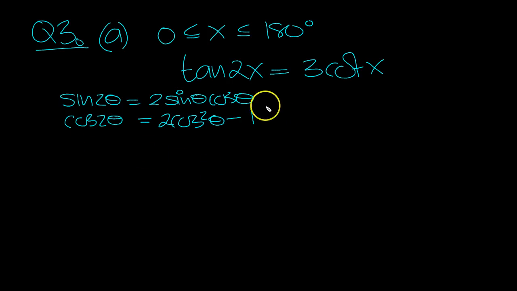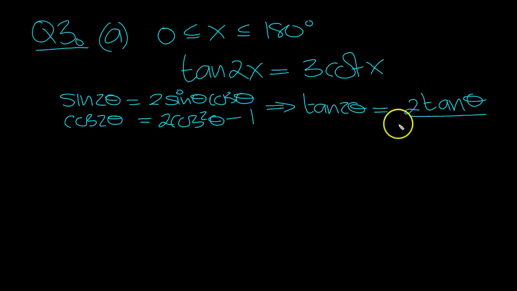Okay, so tan 2 theta, if I was trying to remember it, would be sine 2 theta over cos 2 theta, and I'll divide by cos squared both times. So that would give me 2 tan theta on top, and on the bottom 2 minus sec squared.